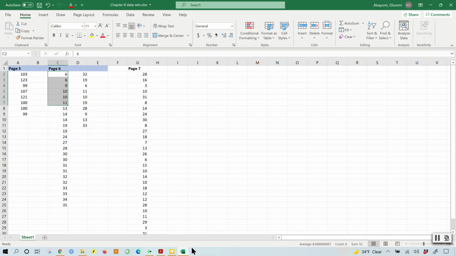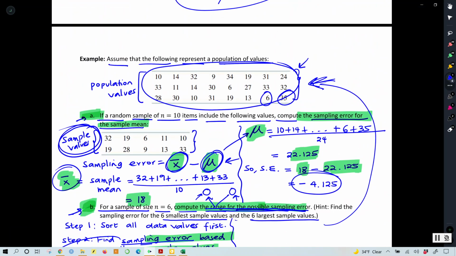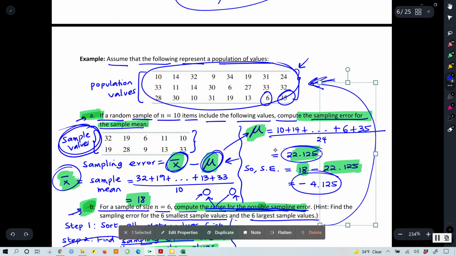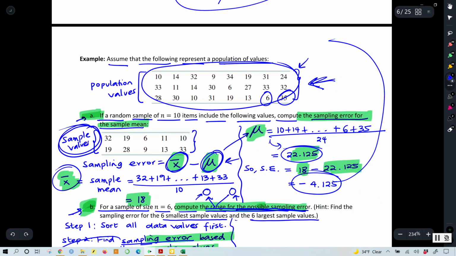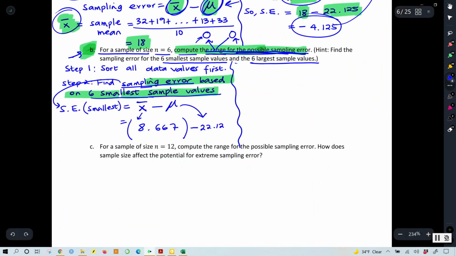So I have 8.667 minus the population mean. Earlier, we got the population mean, which was 22.125. So this is equal to negative 13.458.